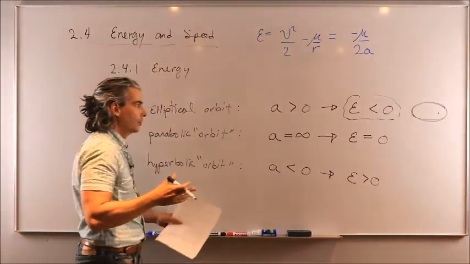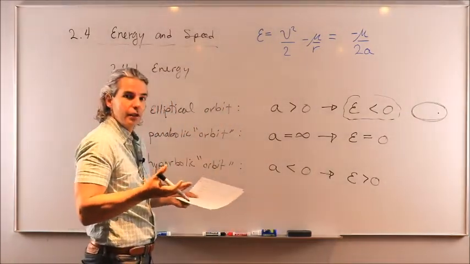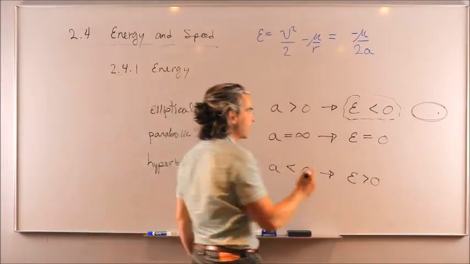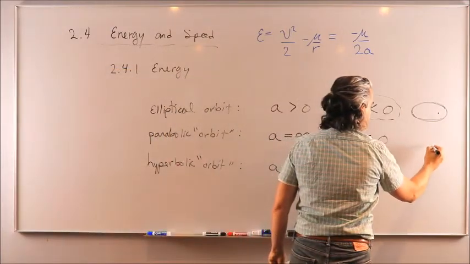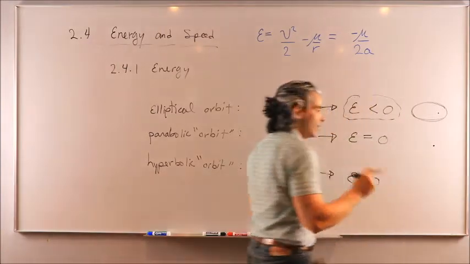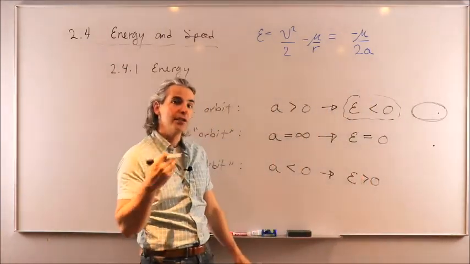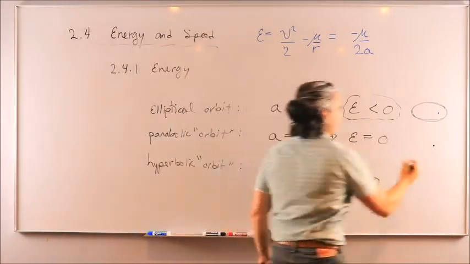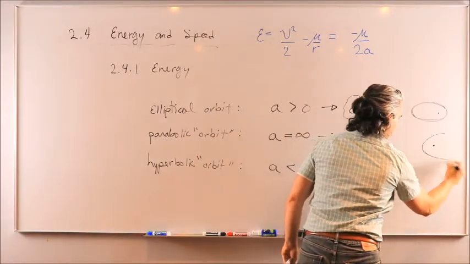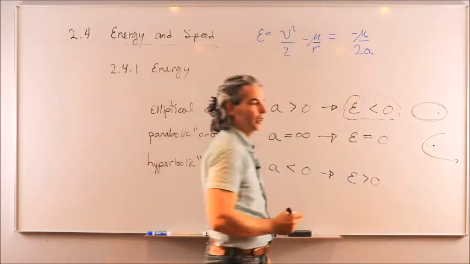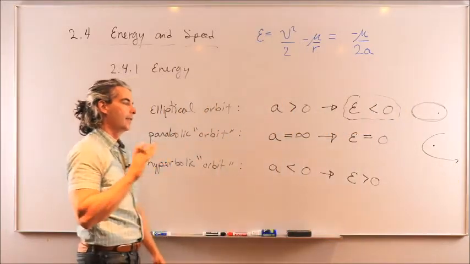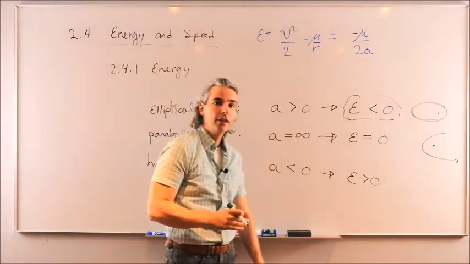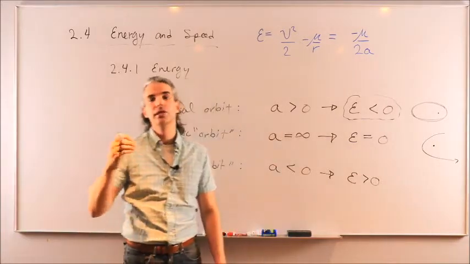Now, if the orbital energy increases up to a specific point where we get to orbital energy equal to 0, it means that now we just have barely enough energy to escape the primary body or the planet. We would escape its gravitational field and end up eventually at r equal to infinity, very far away from the planet, with a speed equal to 0.